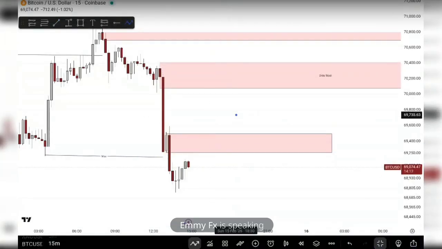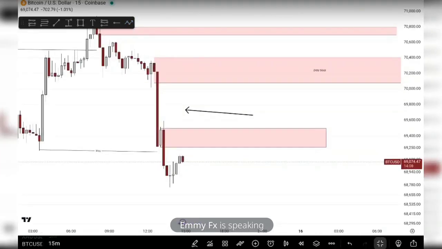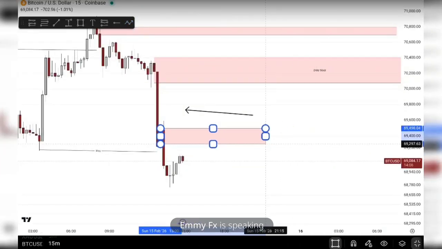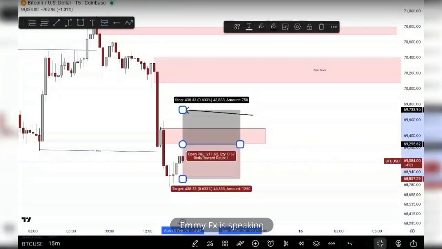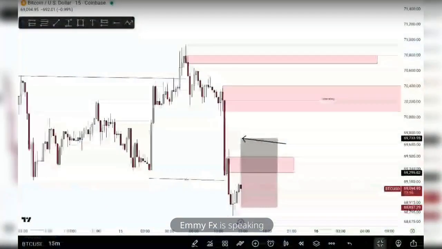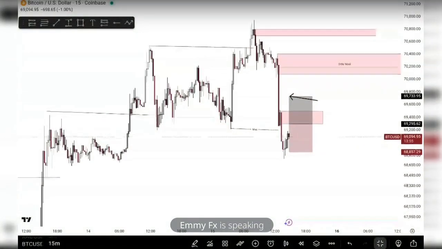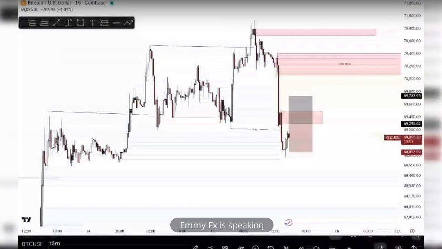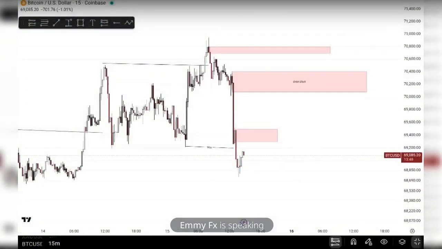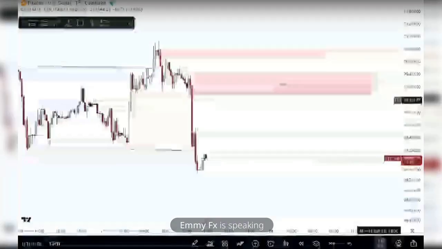I cannot be comfortable taking a trade from this supply block and moving it to the other side, unless you want to risk it. But me, I'll be more comfortable taking a trade from this other block.